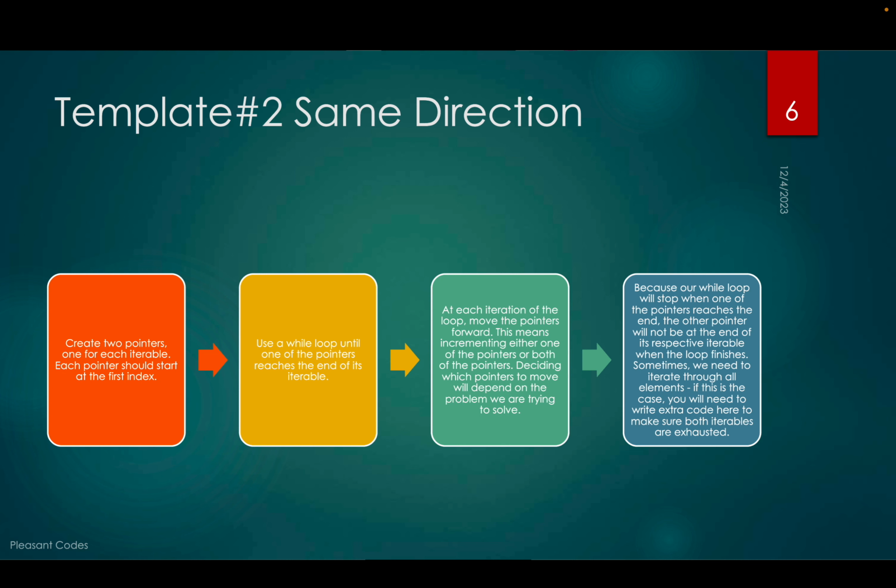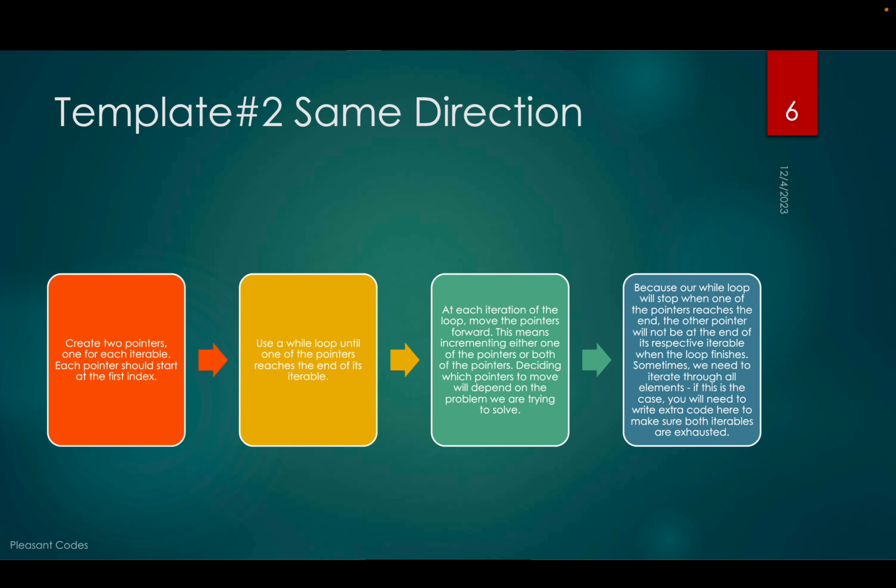So use a while loop until one of these pointers reaches the end of its iterable. Because we are using two inputs, it's possible that one of them is going to be exhausted earlier than the other. Then we may need to write some extra code, and that extra code will take care of the other pointer and make sure that both pointers are exhausted.